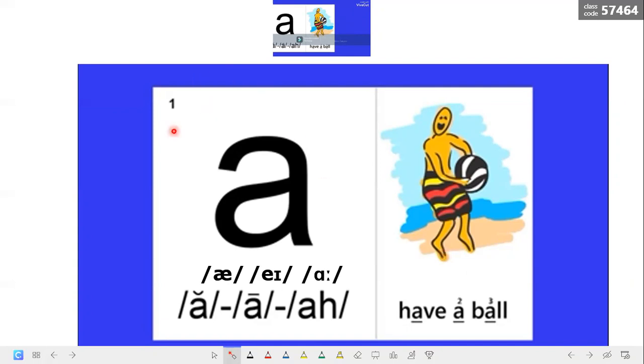So the first phonogram is A, and the pronunciation of this sound could be A, A, or A. And here we have an example sentence: Have a ball.